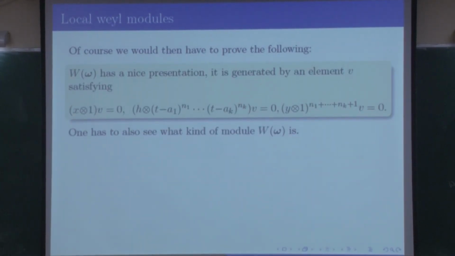And then the theorem is that if you define W omega in this way, then it has a presentation given by that. So you have a single vector generating this W omega. Since I'm in SL2, X tensor 1 of V is 0, this relation didn't change.